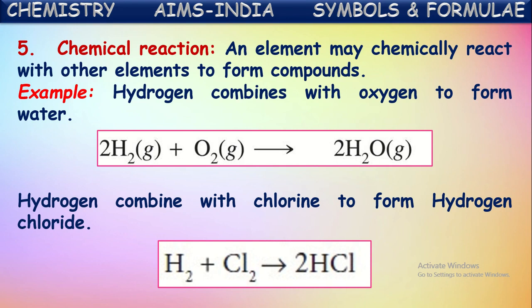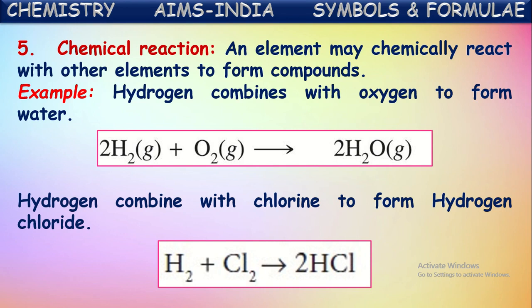What is the first letter of the carbon element name? C. So C is the symbol for carbon. Now if you see calcium, for calcium also the first letter is C. But C is already given as the symbol for carbon. That's why for calcium, along with the first letter C, the second prominent letter A is also taken into its symbol. Now the symbol of calcium became Ca.